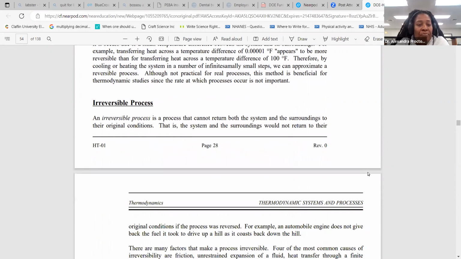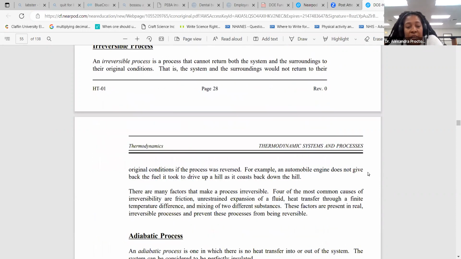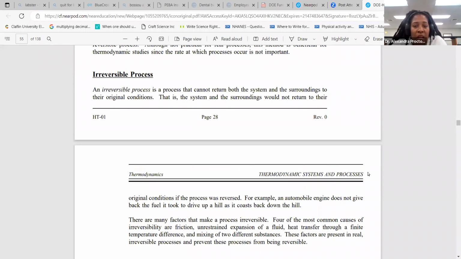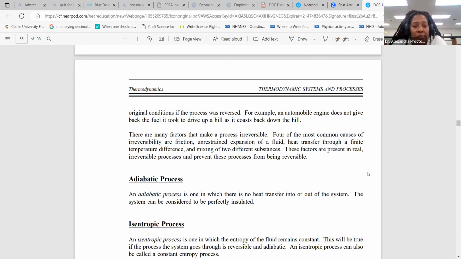Okay. An irreversible process is a process that cannot return both the system and surroundings to their original conditions. So the system and the surroundings wouldn't return to their initial or original conditions if the process was reversed.